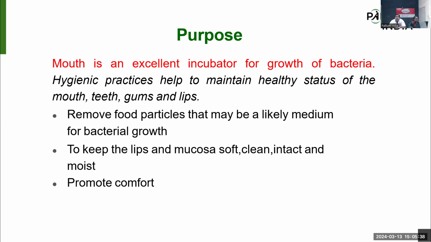We have to remove the food particles from the mouth in a proper manner, since food particles may be a medium for bacterial growth. We remove them to keep the lips and mucosa soft, clean, intact, and moist.